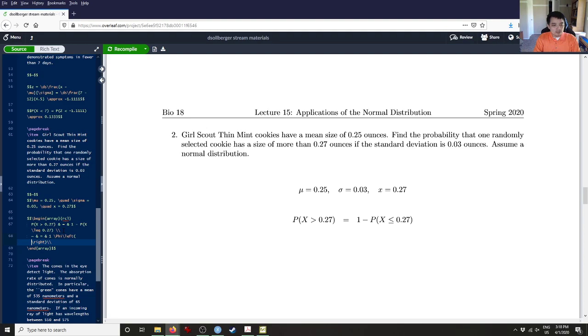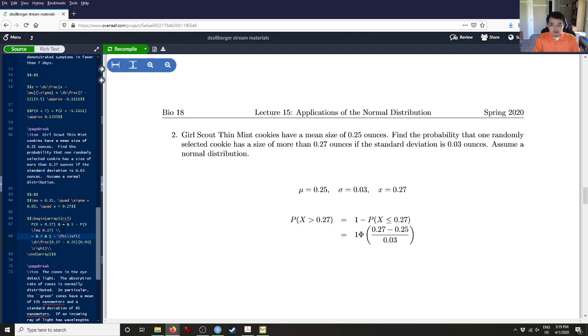I'm going to label this Greek letter phi. And what we're going to plug into that Greek letter phi, I'll have it on the screen in just a bit, is the z-score conversion, the subtract the mean and divide by the standard deviation that we would have done anyways.